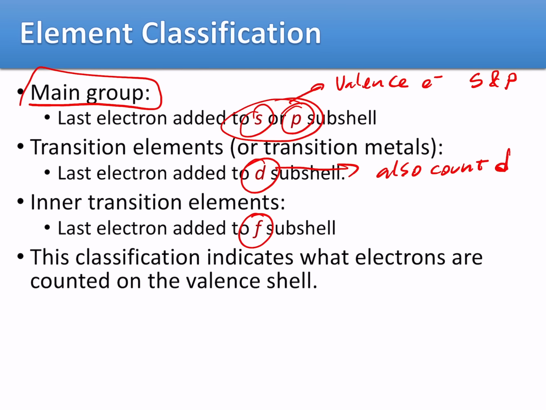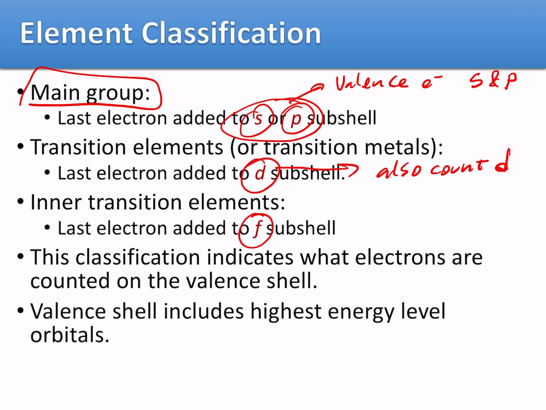And technically for an inner transition element, you should also count the f orbitals, but since it gets more complicated, and we don't want to make your life even more difficult, you don't have to worry about the f orbitals for now. Just worry about s, p, and d when it comes to valence electrons, and you will be fine.